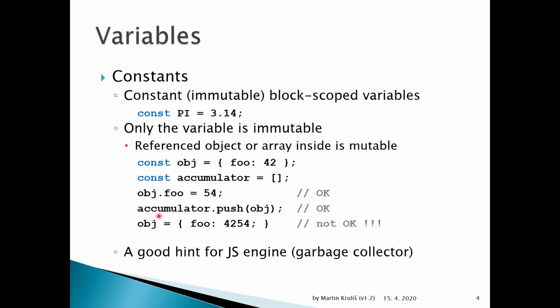However, I cannot create a new object and assign it to this particular variable because the variable itself is constant. In other words, this is a good thing because it prevents us from unnecessarily creating new objects when the objects can be modified in place.